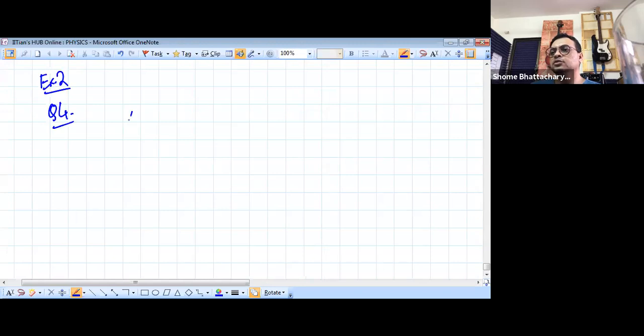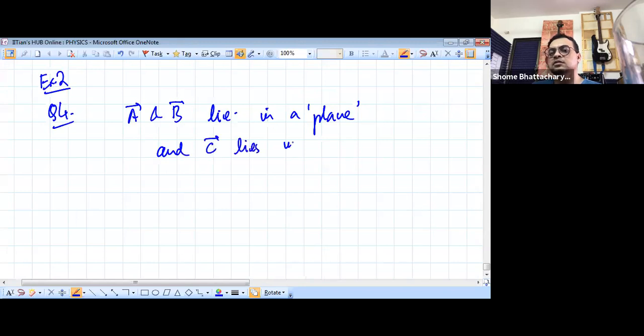So A and B lie in a plane and C lies in a different plane.